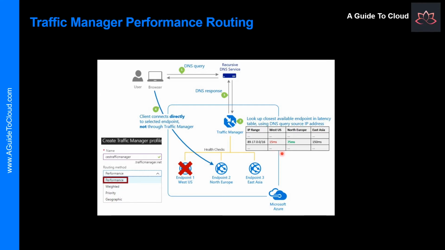With this method, Traffic Manager looks up the source IP address of the incoming DNS request in the internet latency table, chooses an available endpoint in the Azure data center that has the lowest latency for that IP address range, and then returns the endpoint in the DNS response.